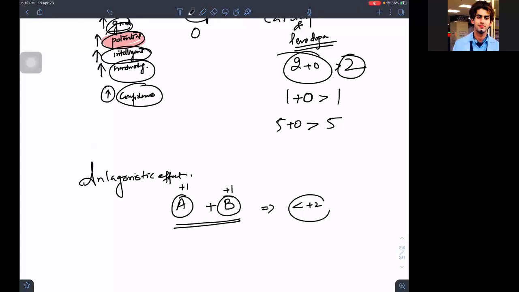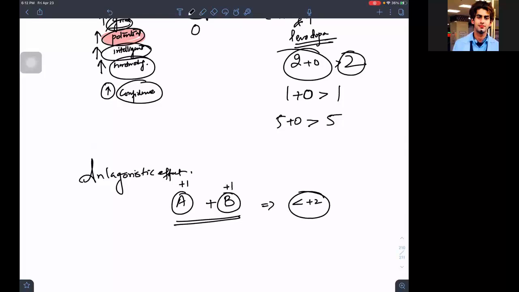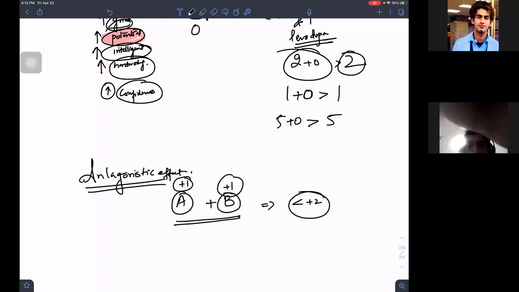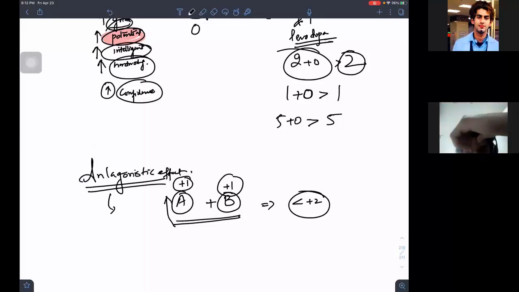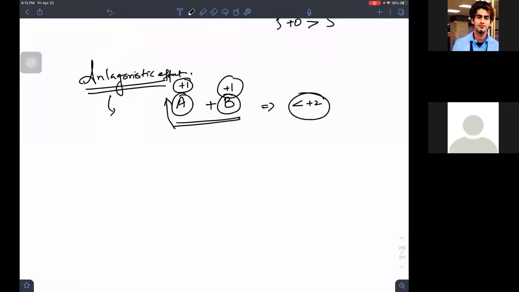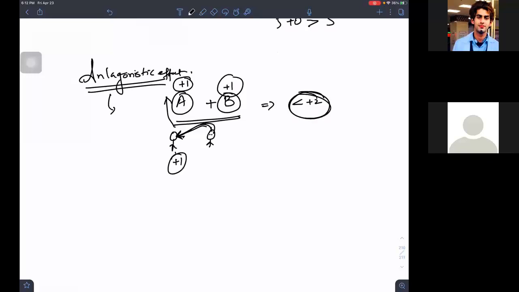So their individual potential was plus 1 plus 1. This is an example of a person who does not want his student to move forward. He decreases the effect when he is with him. This is you, this is your friend. Maybe every friend is a good friend, but some friends are not good. He does not want you to grow. So once he is with you, your individual plus 1 effect is still not achieved.